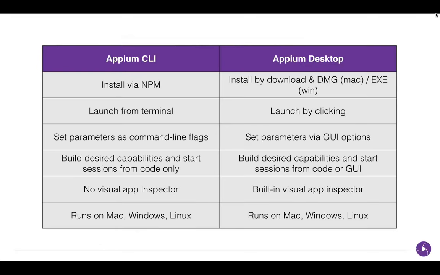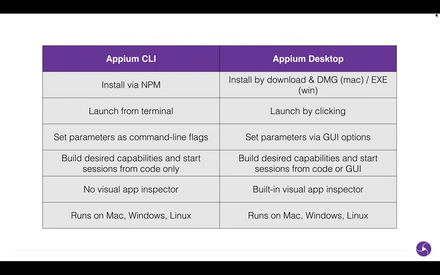All right. So the differences in a nutshell: regular Appium that you install on the command line and use on the command line, you would install via npm, whereas Appium Desktop you install by downloading a disk image or an exe installer for Windows. With Appium CLI, you would launch it from the terminal, as you saw in the little movie.